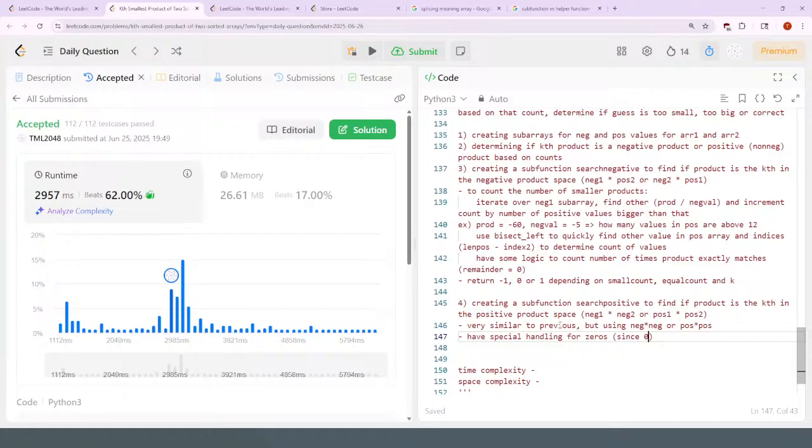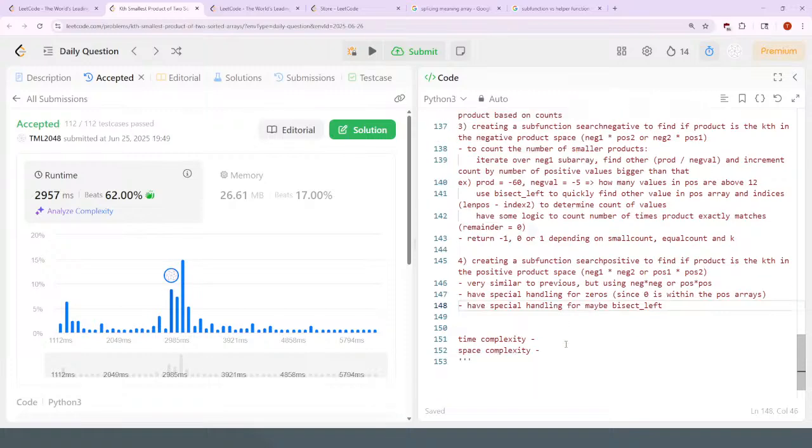since 0 is within the positive arrays, and then special handling for other stuff, or maybe insertions. Bisect left with positives.